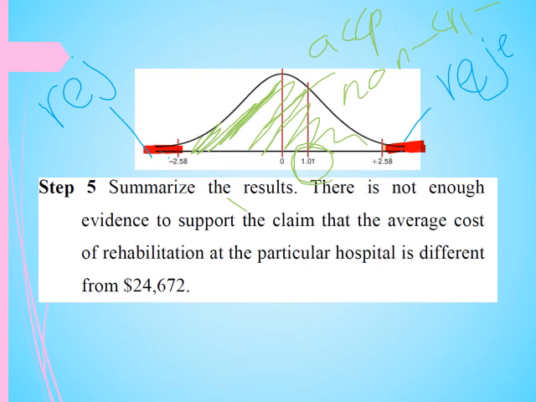$24,672. Now you have the three cases: the right tail test, the second is the left tail test, and finally an example for a two-tail test. Please concentrate on the three types. You may face any problem of the three types. Be ready for this situation and translate the words very well.